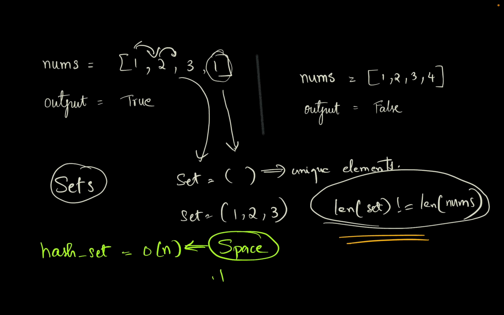And for the time complexity, since we are traversing every element and adding the values into the hash set, we need to traverse the whole nums, where n is the number of elements in the array nums. In this way, this is the time complexity and space complexity.